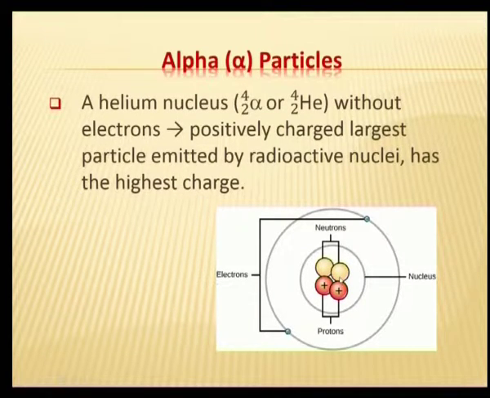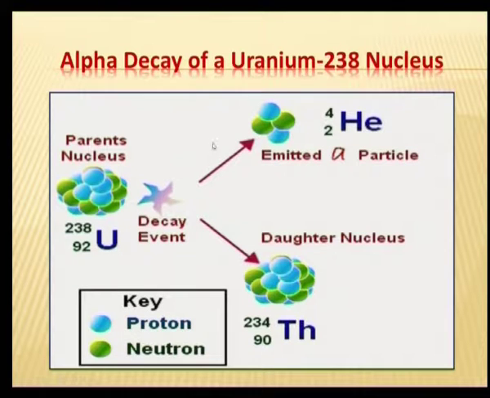Now, what about the beta particle? Before going to the beta particle, let me introduce to you what is the parent nucleus and what is the daughter nucleus. Parent, daughter nuclei. In the alpha decay of uranium 238, the 238 is called the parent nucleus. The decay event occurs, and the decay leads to emission of an alpha particle with mass number 4, and the resulting nucleus is called the daughter nucleus.